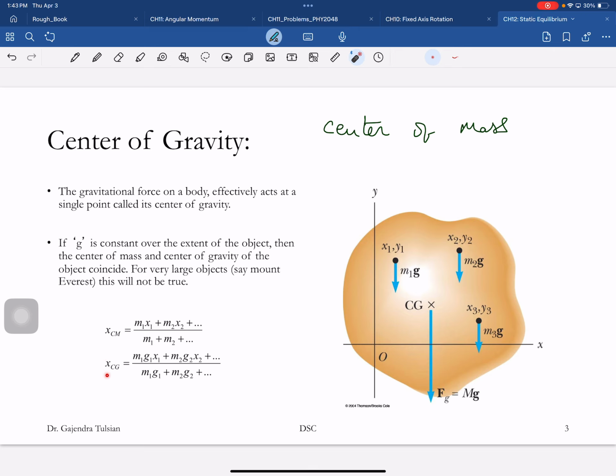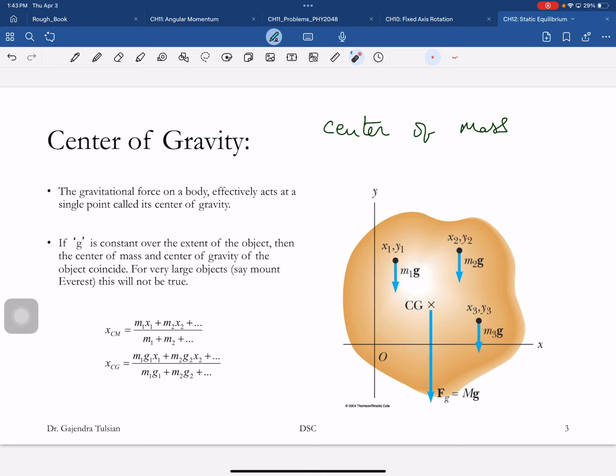If you wanted to calculate the x component of the center of gravity, then you would multiply by g1. What is g1? The gravity field at that point, the acceleration due to gravity at that point. g2 is the acceleration due to gravity at that point.